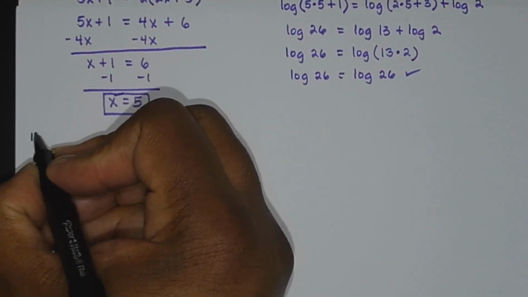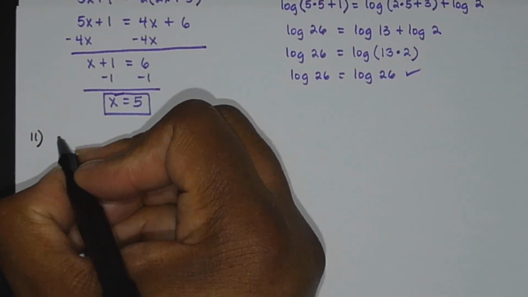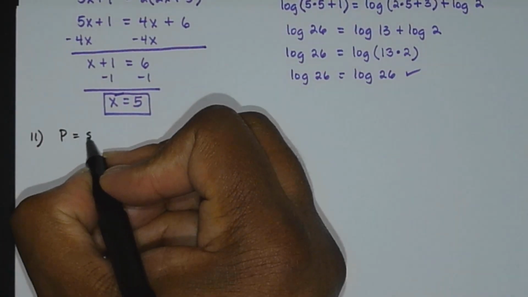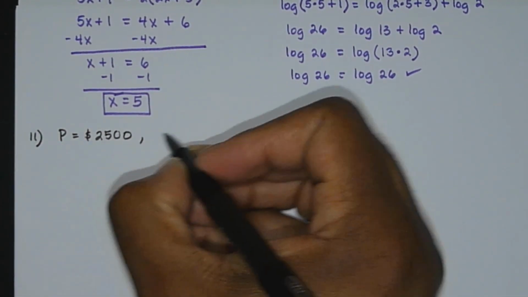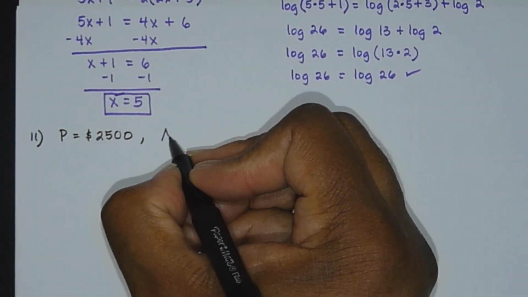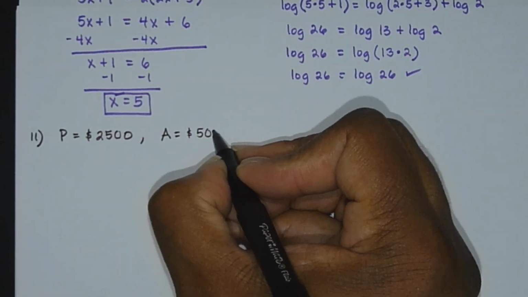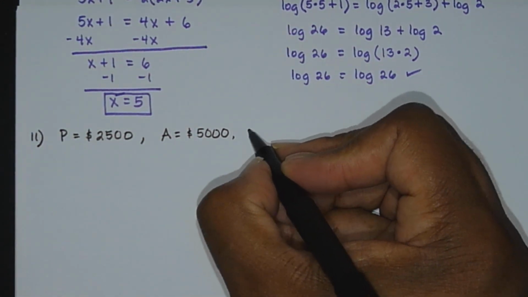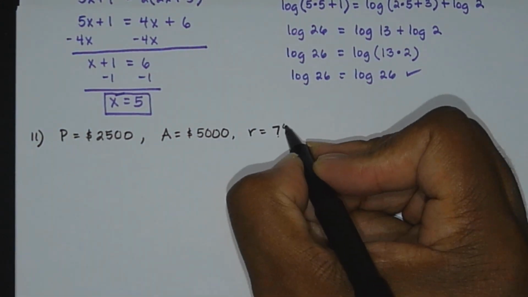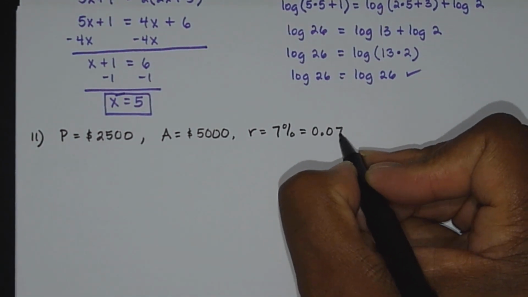Okay. So here's what problem number 11 is, and let's see what we have here. We have a $2,500 investment, so that's what P is. We want it to grow to $5,000, so that's the amount that we want to reach. And the annual interest rate is 7%. What's 7% as a decimal? 0.07.